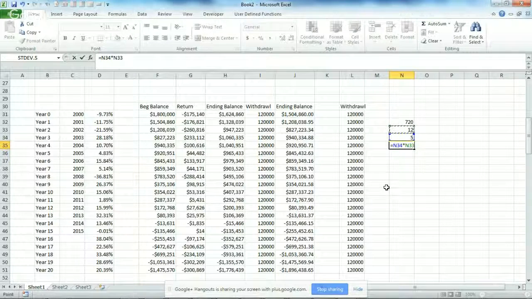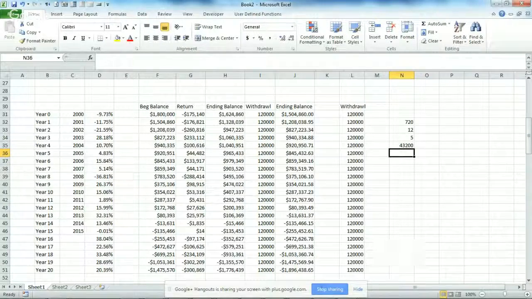5 times 12 times 720. So you will end up with $43,000 every year, and then you only need about $77,000 that you need to withdraw from here.